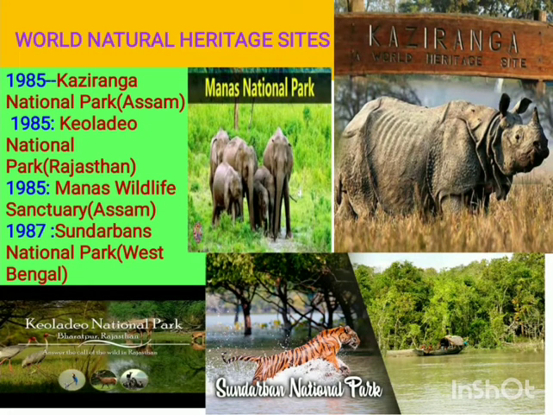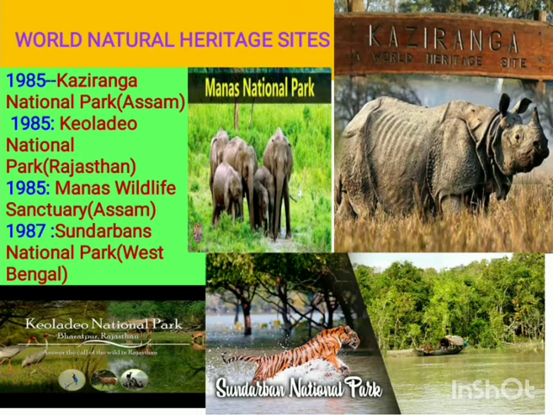World Natural Heritage Sites. Natural Heritage Sites, okay? So in 1985, Kaziranga National Park in Assam. 1985 itself, Keoladeo National Park, Rajasthan, and Manas Wildlife Sanctuary, Assam.